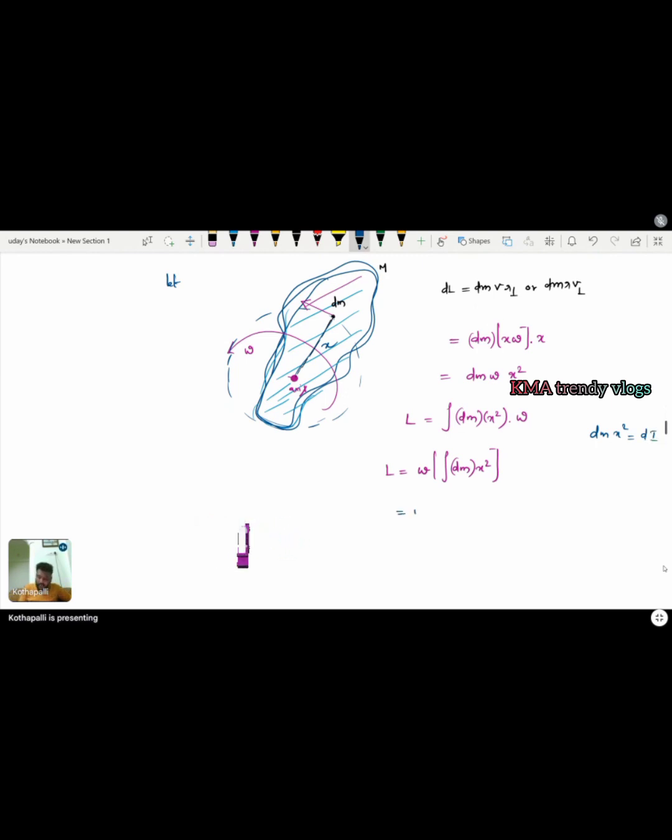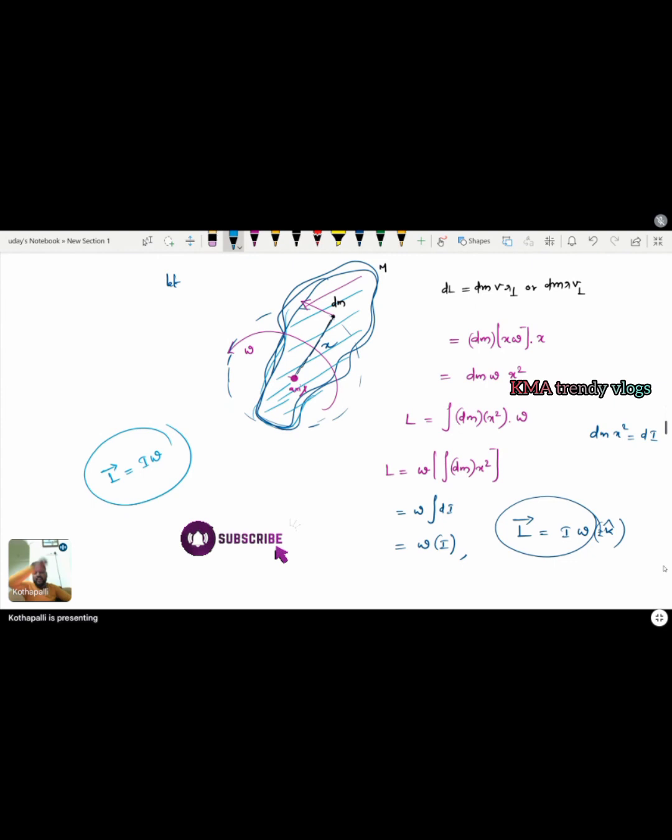So this is omega into the integral of dI, and the integral of dI will be I. So the angular momentum of any rigid body is nothing but I omega, maybe clockwise or anti-clockwise, plus or minus k. I omega. So a very important conclusion: the angular momentum of any rigid body whose moment of inertia is I is given by I omega.